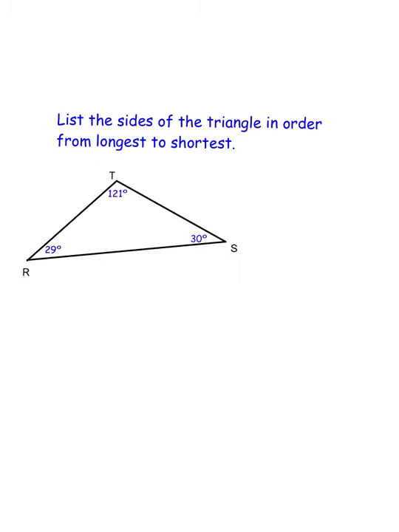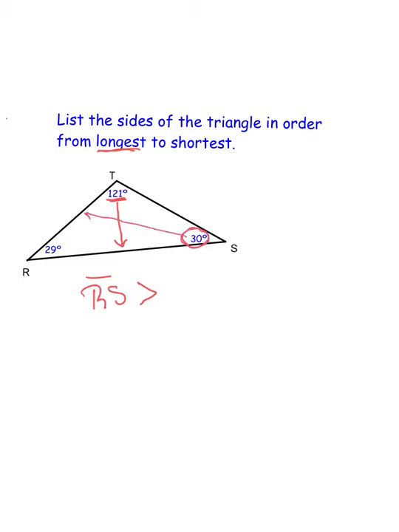So if we look at this question, it says list the sides of the triangle in order from longest to shortest. To find the longest side, I'm going to find the biggest angle. This is the biggest angle, so go across. RS is the longest side. So that's going to be bigger than. Now if I look at the remaining angles, this is the second biggest.